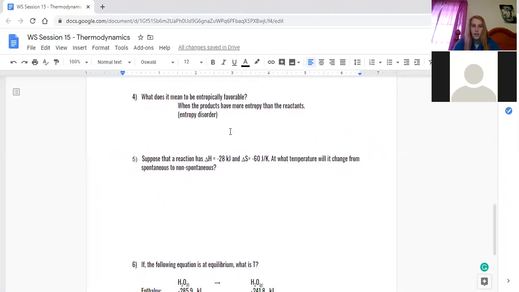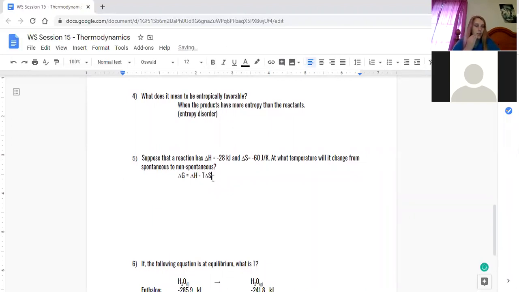Here it is. So we have our equation, and what do we know? As a side note, we know that at equilibrium, delta G equals what?